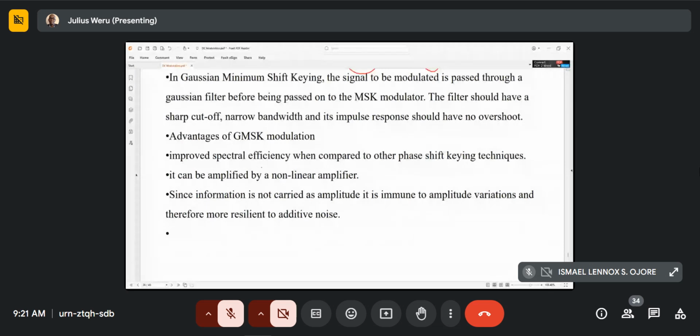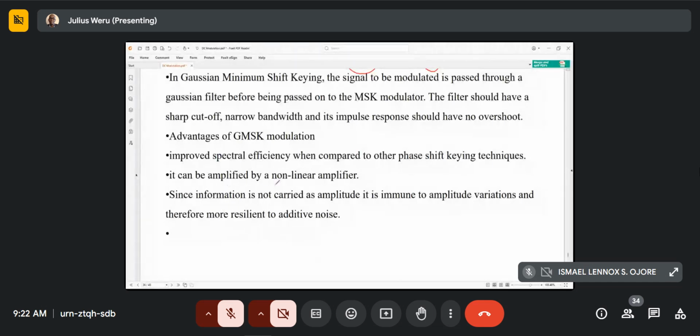So the advantages, of course, are improved spectral efficiency when you compare it with other phase shift keying, because remember it's a continuous phase frequency shift keying. It's an FSK, so it has better spectral efficiency.